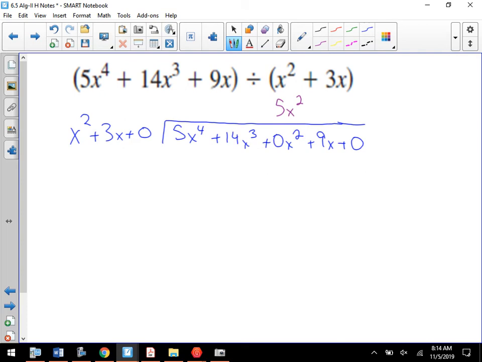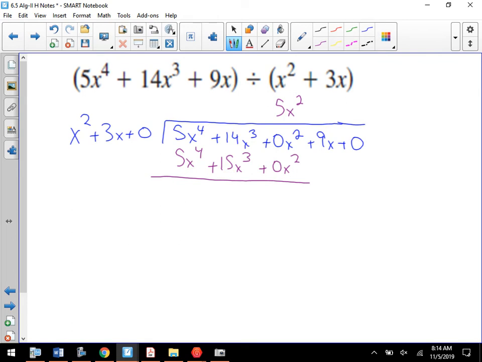See where that comes from? So what's 5x squared times x squared? You get 5x to the 4th. 5x squared times the 3x gives you 15x cubed. And then 5x squared times 0 is 0. I'm just going to write x squared as my placeholder.